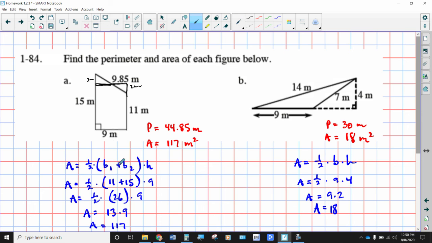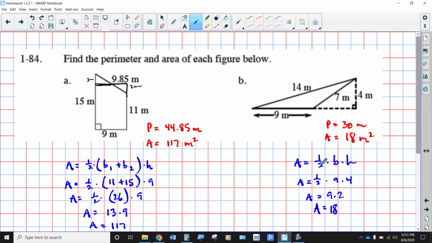So this formula is a way of transforming your trapezoid into a rectangle where you've got base times height, which gives you the area. So what we did was we took the 11 and the 15, added them together, took half of that, that's 13, and then 13 times 9 gives you 117 square meters.